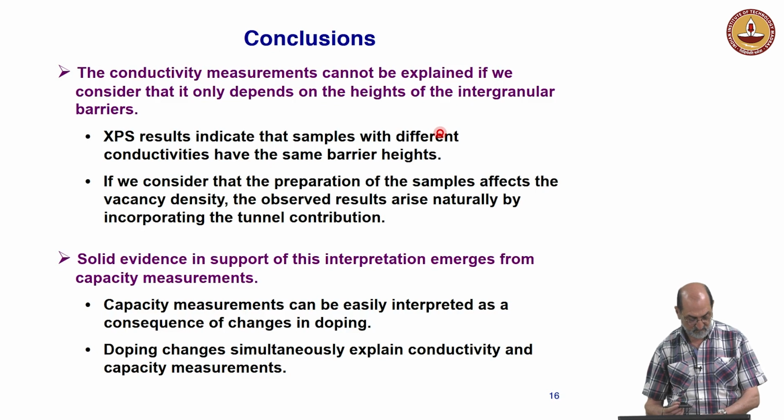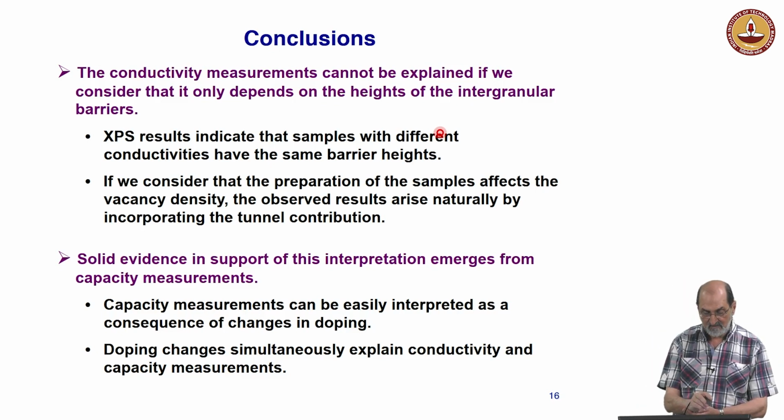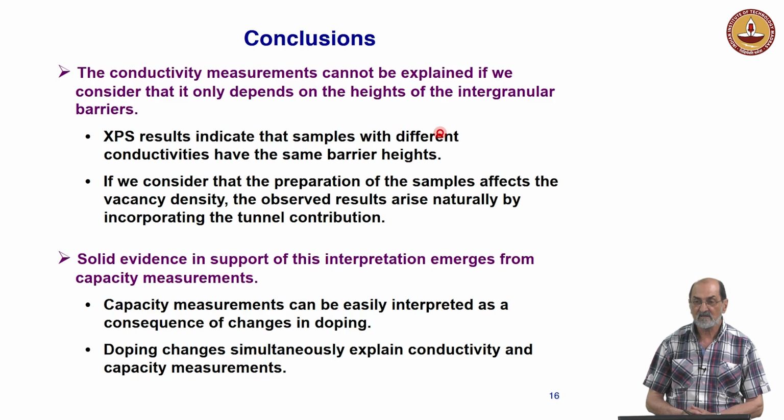Well, conclusions of all this. I'm going to end with this. The conductivity measurement cannot be explained if we consider that it only depends on the height of the intergranular barriers. That's the main conclusion. And why is that?